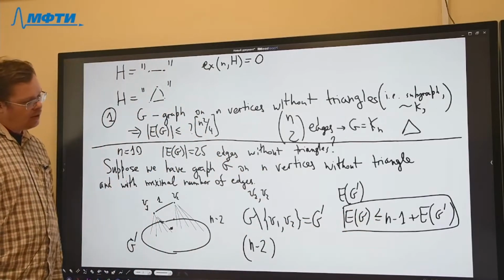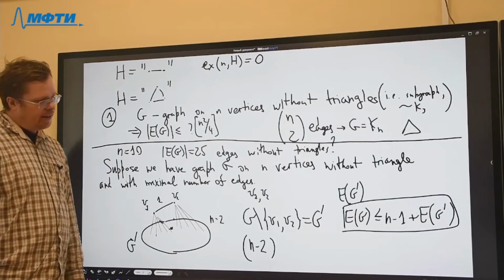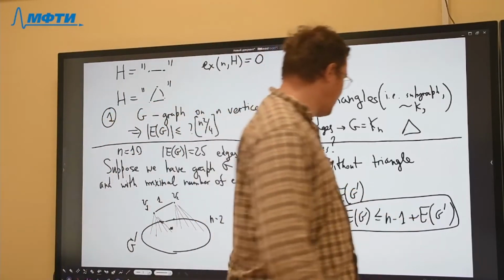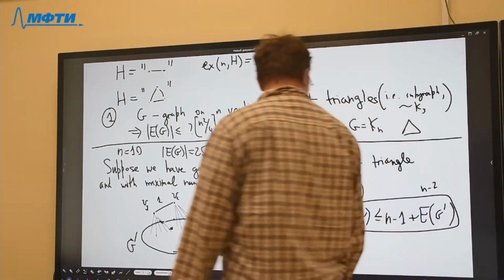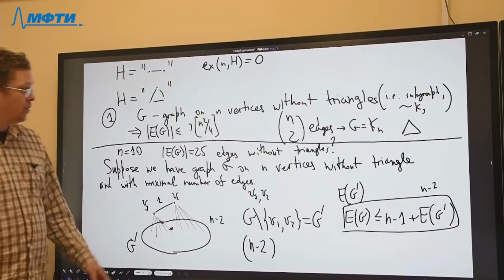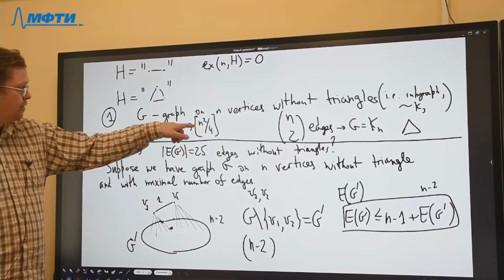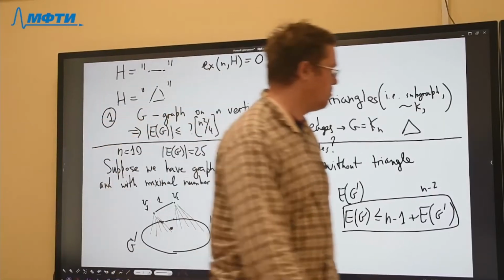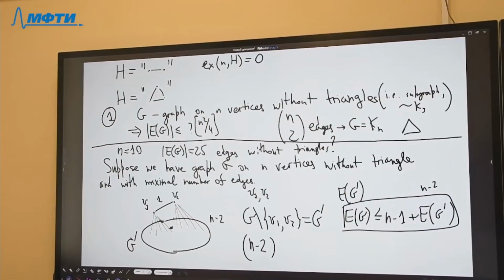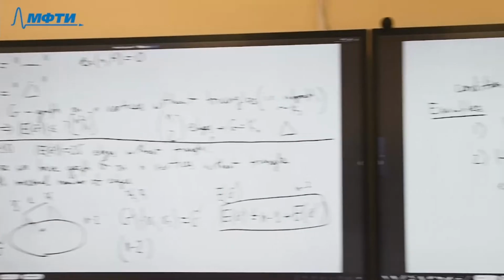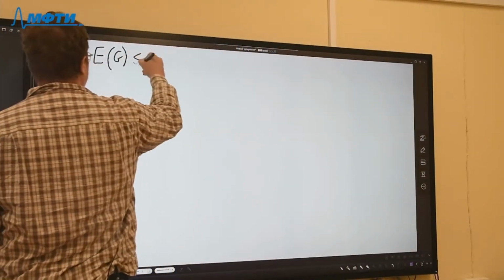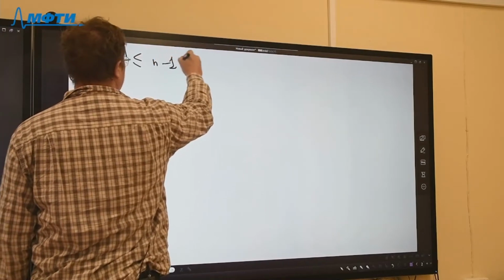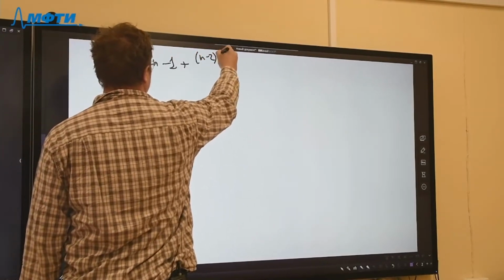And this new graph has n minus 2 vertices. So if we can prove by induction that E of the new graph is not greater than n squared over 4, we can see that E of G is not greater than n minus 1 plus (n minus 2) squared over 4.